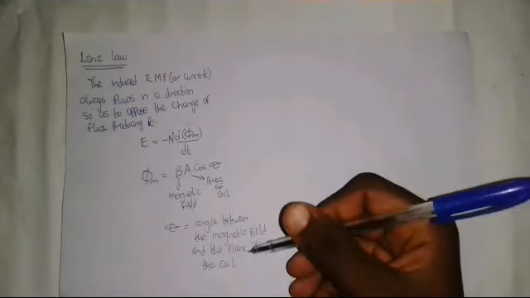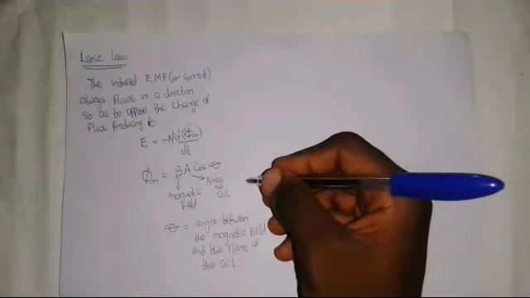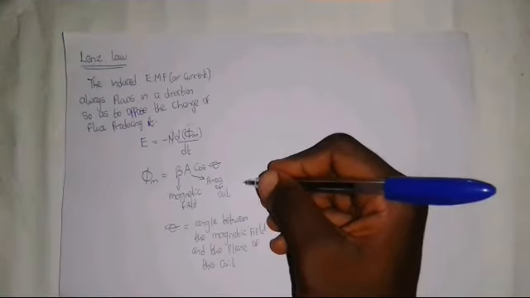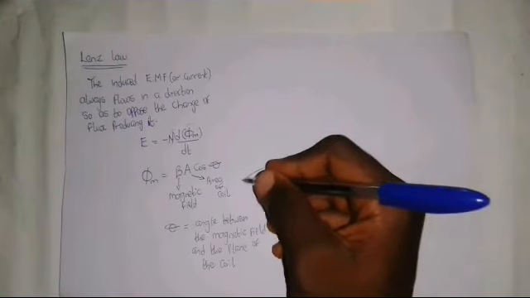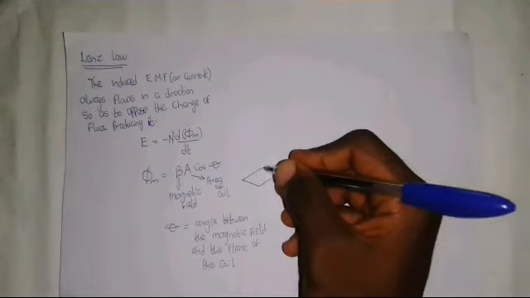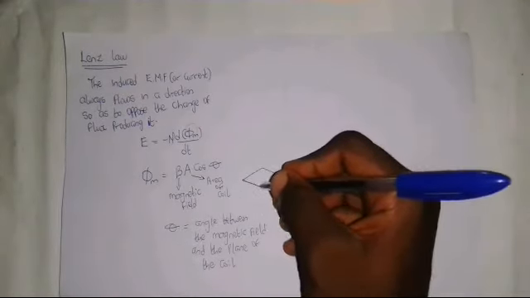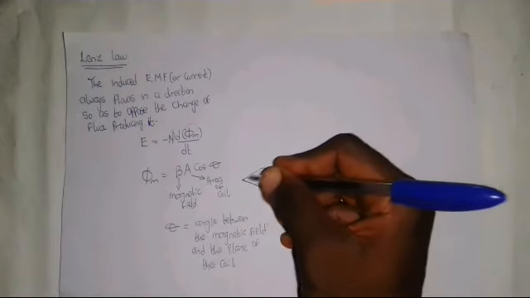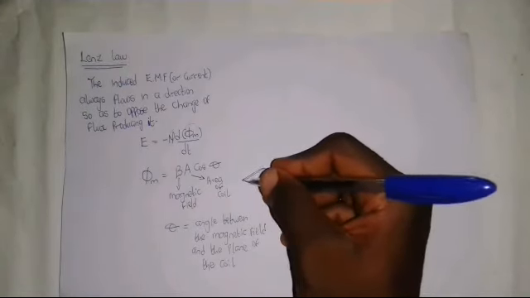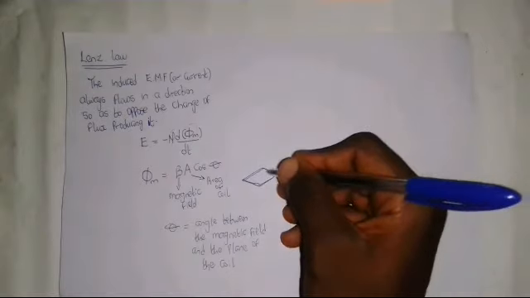Now suppose we have our coil to be, okay, let's use a rectangular coil for example. This is a rectangular coil of wire wound in this form, having several turns.